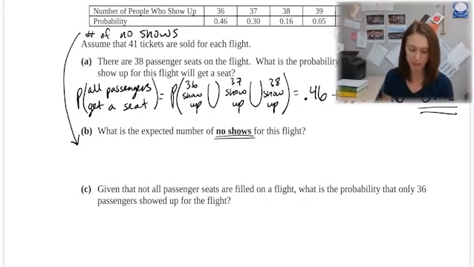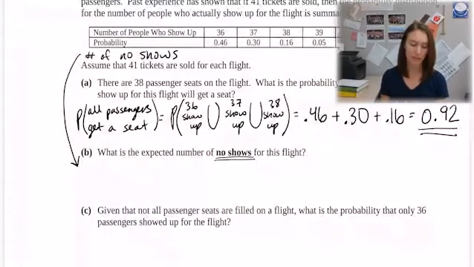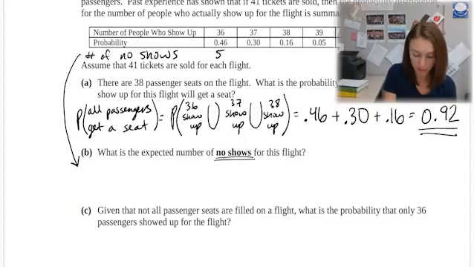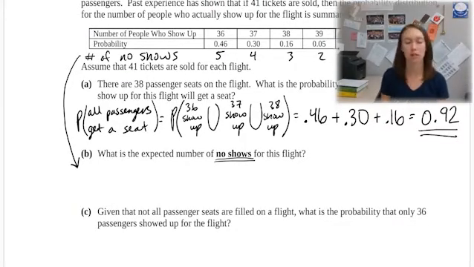What is the expected number of no-shows? Now if I want the expected number of no-shows, I need to make sure that my numbers represent the number of no-shows. So if 36 people show up and 41 tickets were sold, then how many people didn't show up? Well, that was 5 people. 4 here, 3, 2, 1, and 0 if all 41 show up.